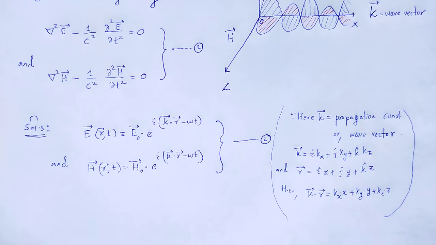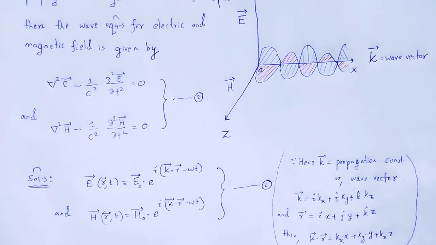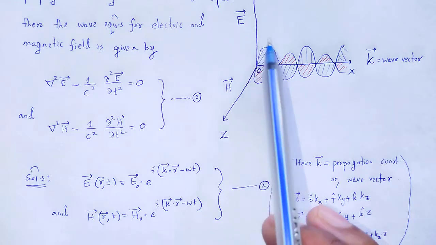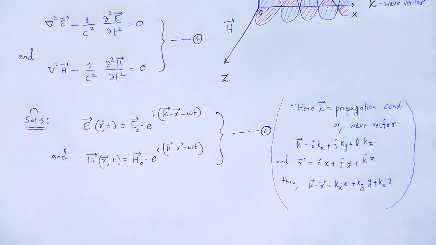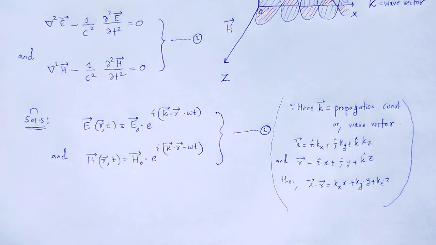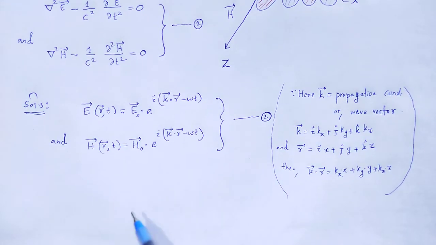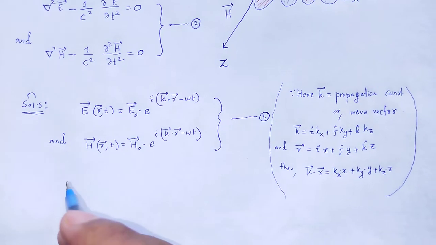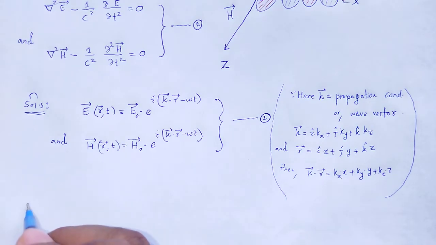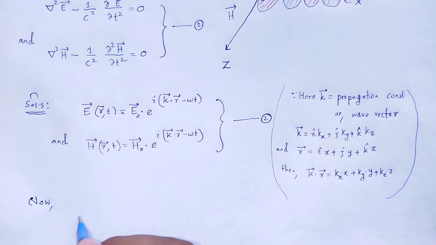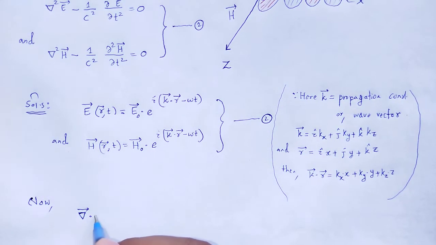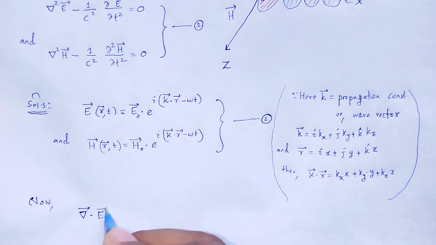To show the dot product of E vector and k vector as 0, first we have to derive what is the gradient of E vector. Now, gradient of E vector.